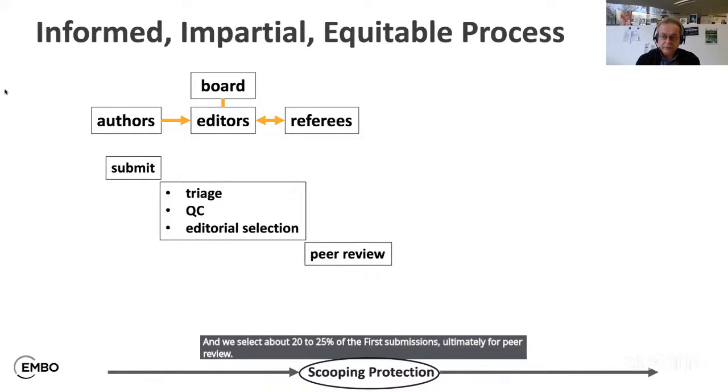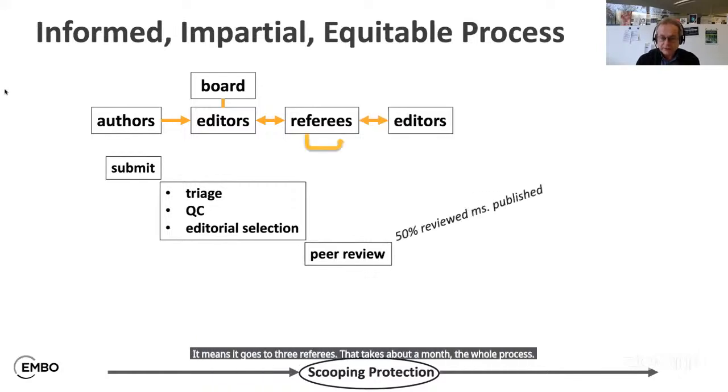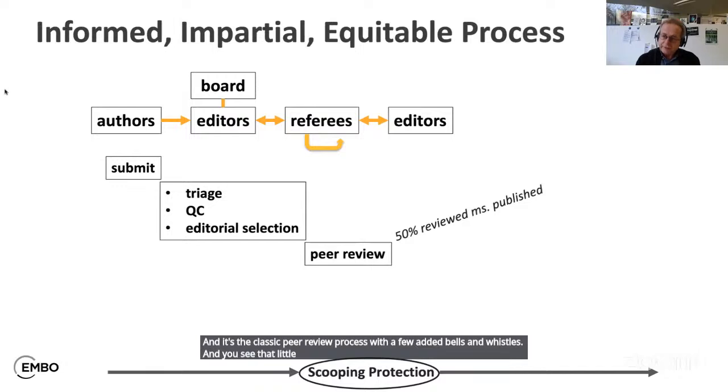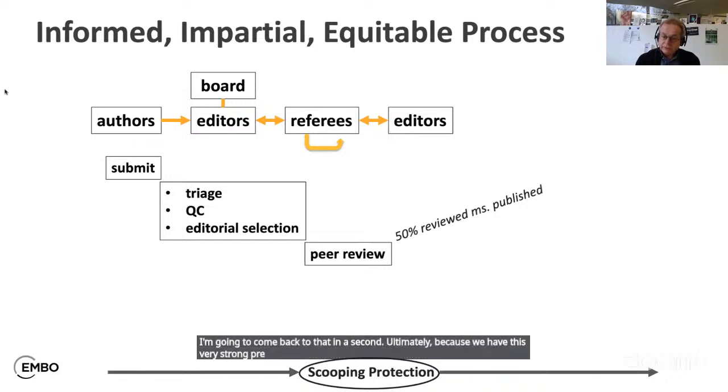It means it goes to 3 referees. That takes about a month, the whole process. And it's the classic peer review process with a few added bells and whistles. And you see that little arrow on top here. The referees are invited to comment on each other's referee reports as part of this process, which is really, really powerful. I'm going to come back to that in a second. Ultimately, because we have this very strong pre-selection, we publish about 50% of the peer-reviewed manuscripts.